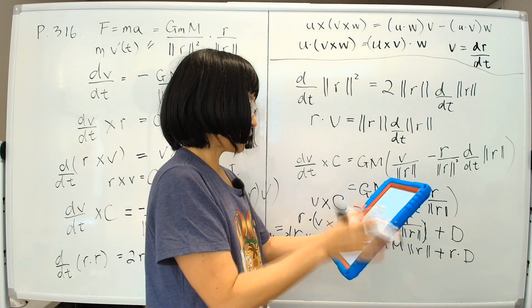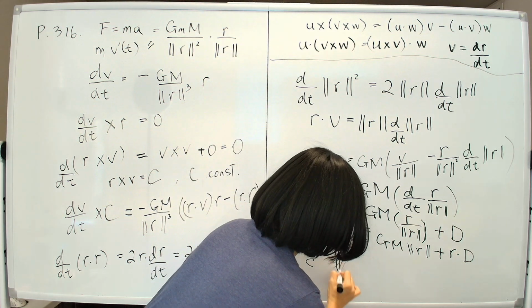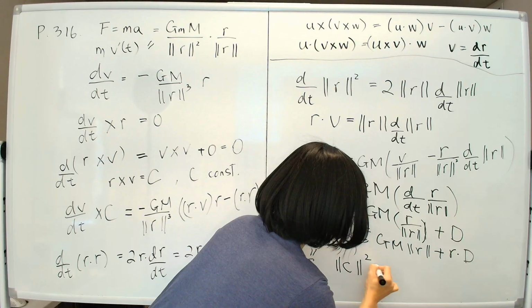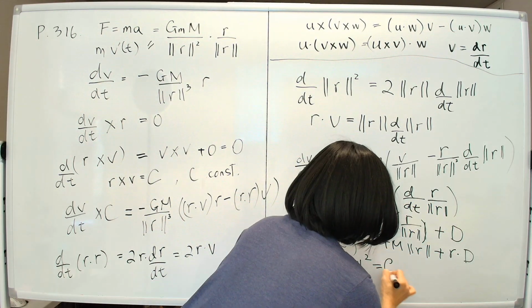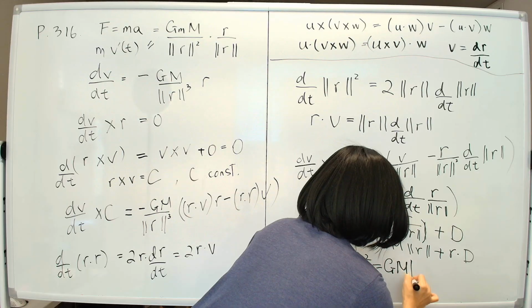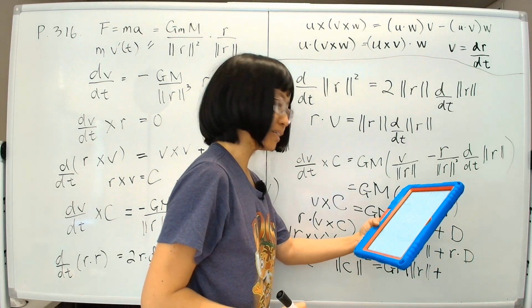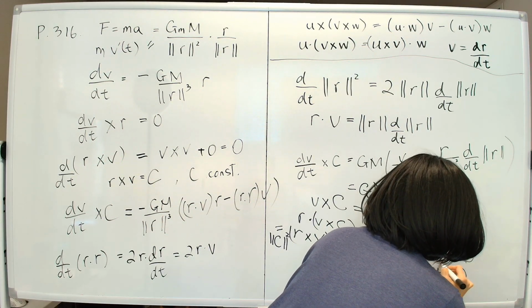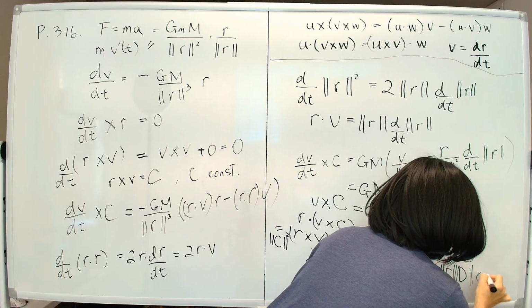So the magnitude of c squared equals GM times the magnitude of r plus r d cosine theta.